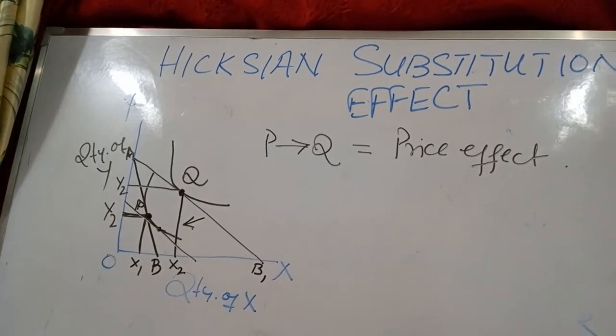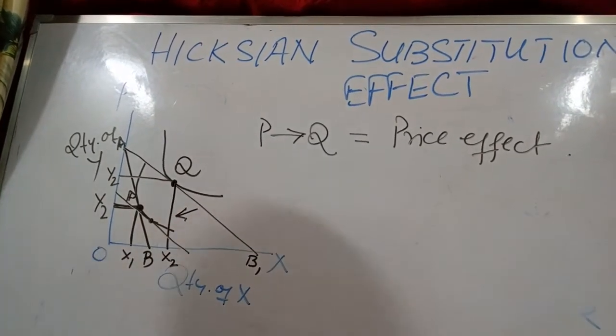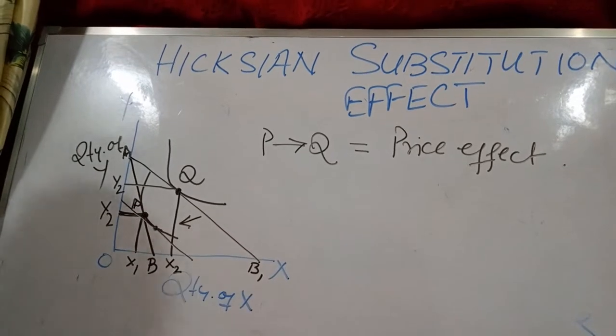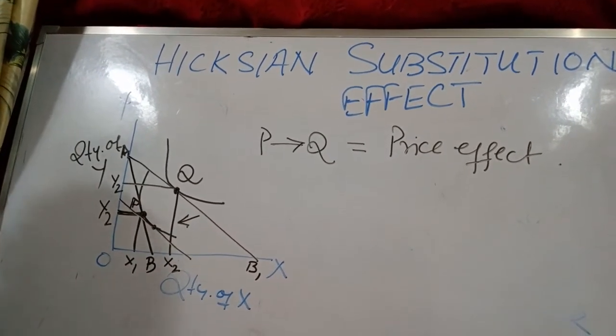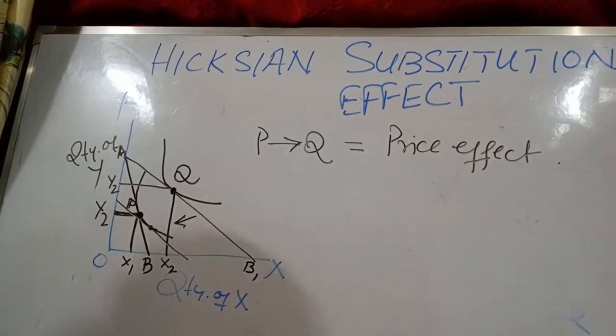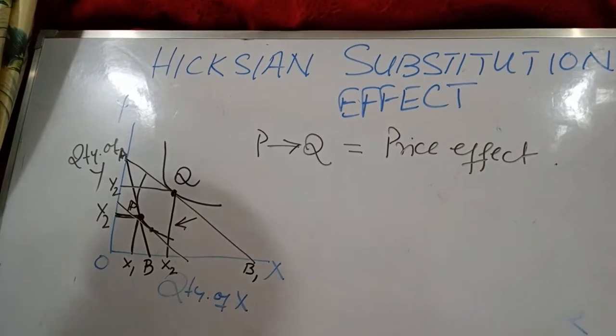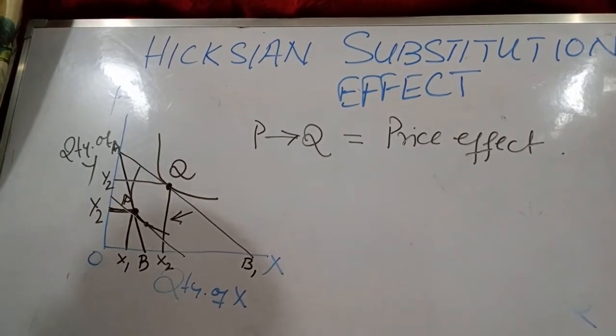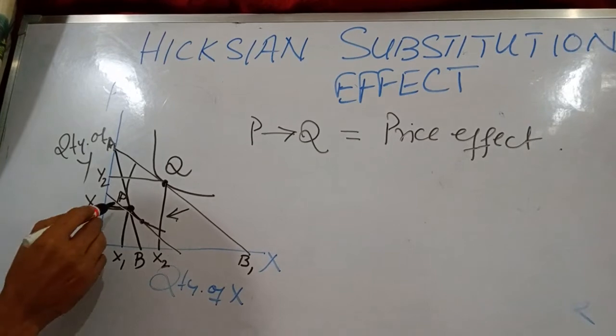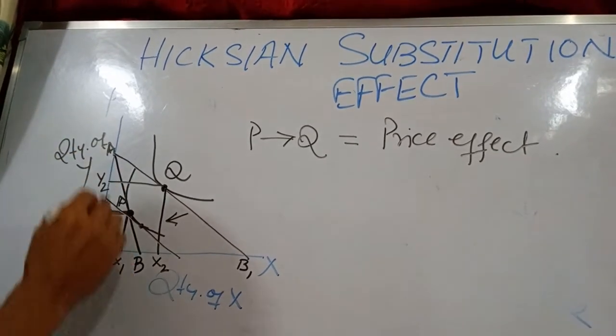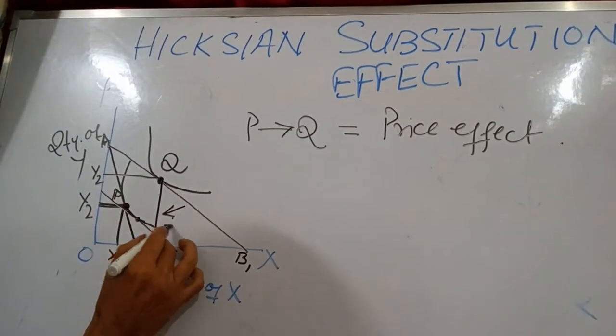Price of X has fallen. Price of Y and money income of the consumer remain unchanged. The consumer was initially in equilibrium at point P on budget line AB and indifference curve IC1.